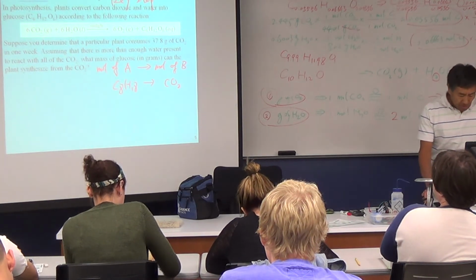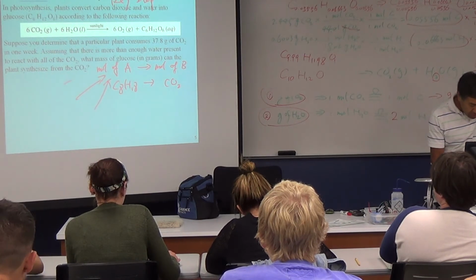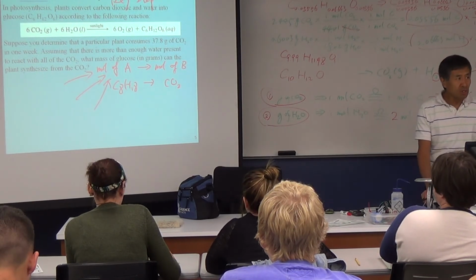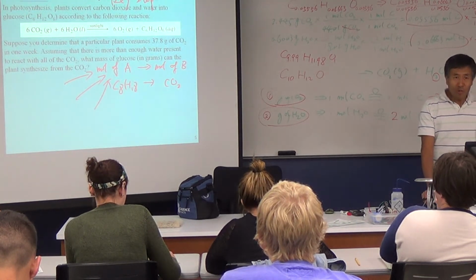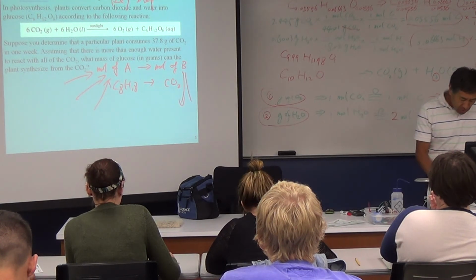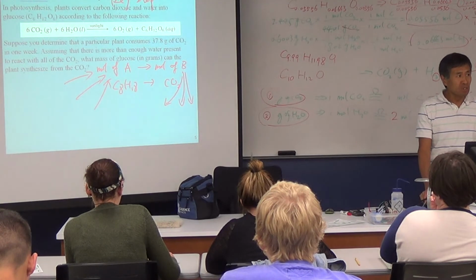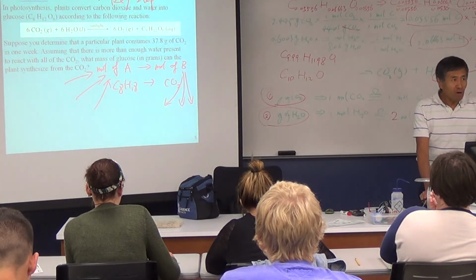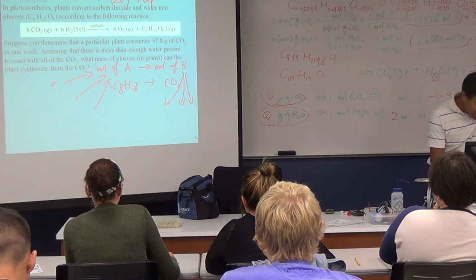Okay? So then we will get different ways to get the moles of A. There are a lot of different ways to get moles of A. Then you can use moles of B and get a lot of other information. Okay? Now so far, what we learned to get moles of A is use grams.